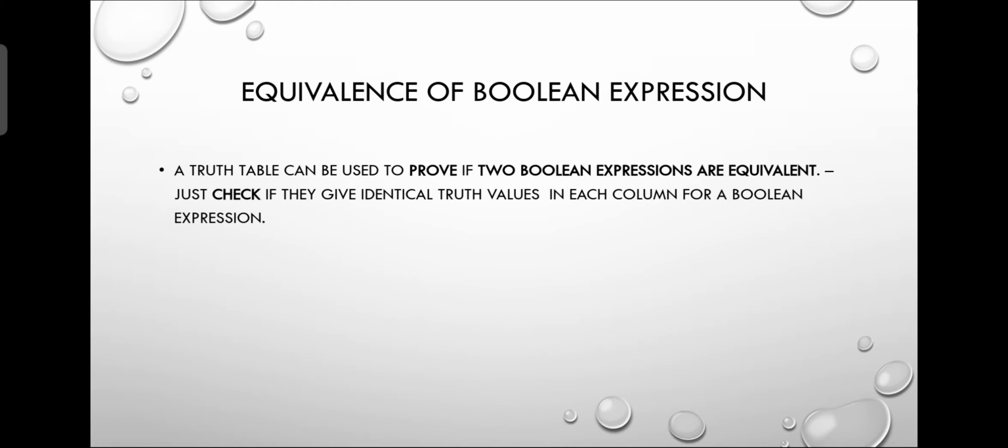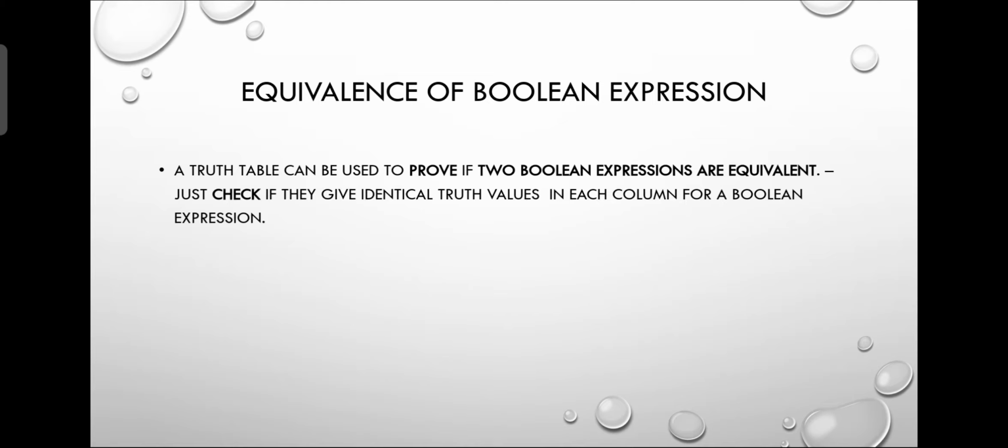The next topic is the equivalence of Boolean expressions. We have to show whether the Boolean expressions are equal or not. We have the left hand side and the right hand side of the Boolean expression, and we can prove with the help of truth tables whether they are equivalent or not.